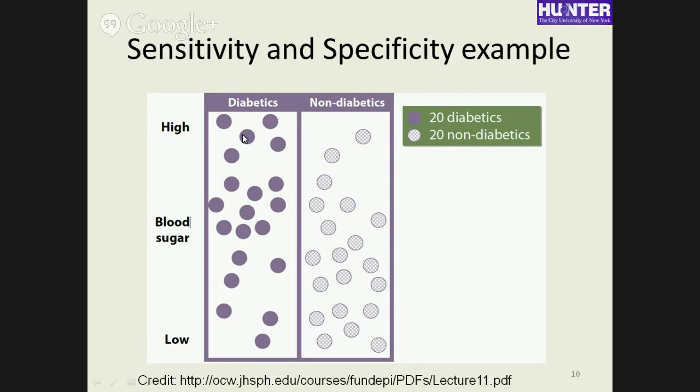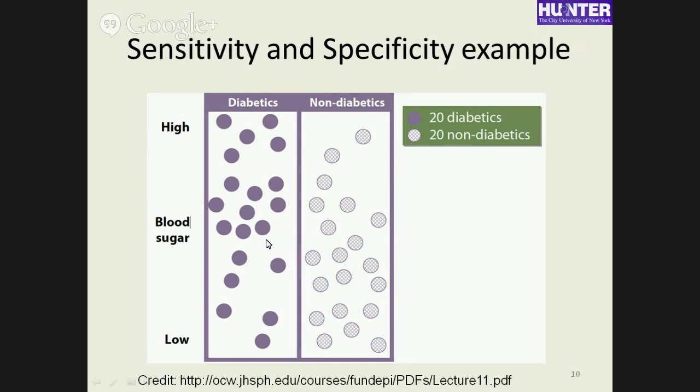This is an example of a not great test, something that will help give you some indication of whether someone has the disease, but is not highly accurate, because you can see up here at the high blood glucose, so that's a continuous measure, the people with the highest are diabetics, but there are non-diabetics with pretty high blood glucose as well.